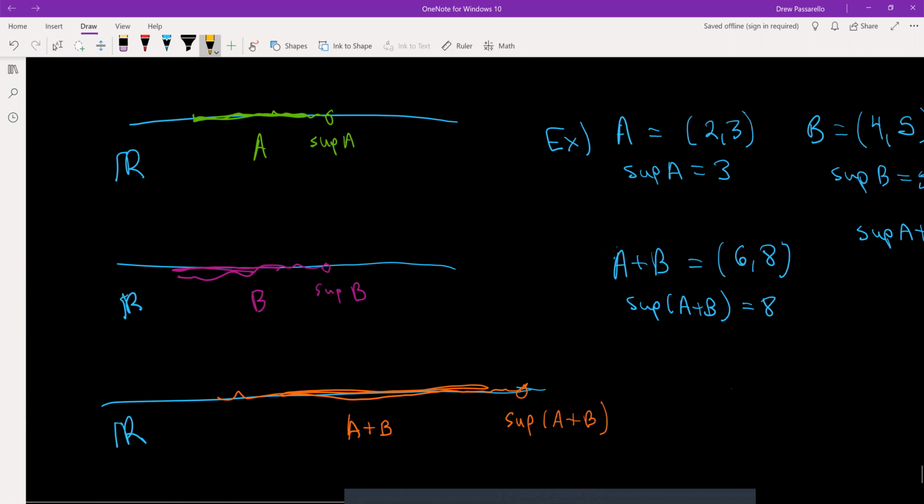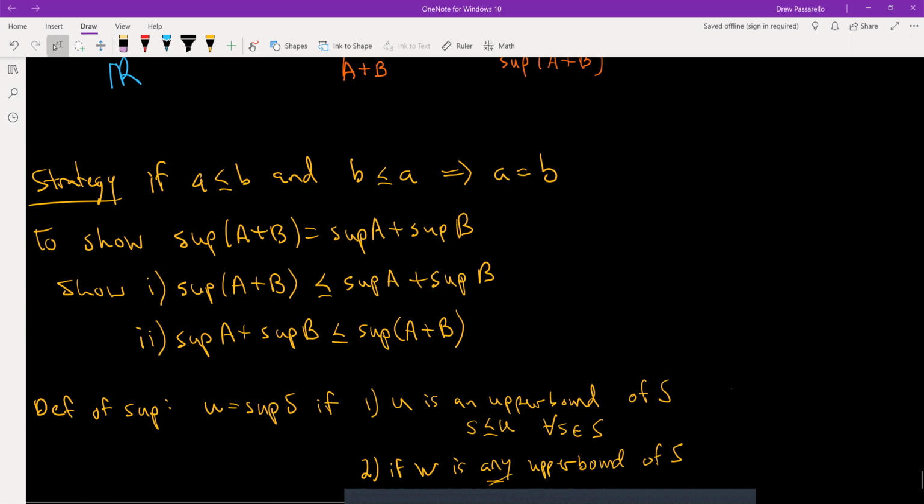Now for the proof itself, I wrote down a strategy.